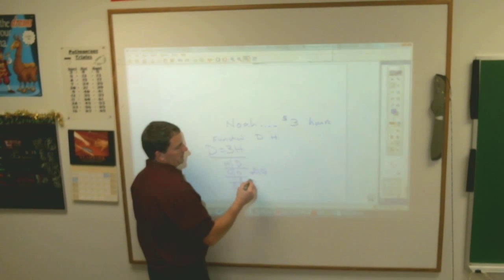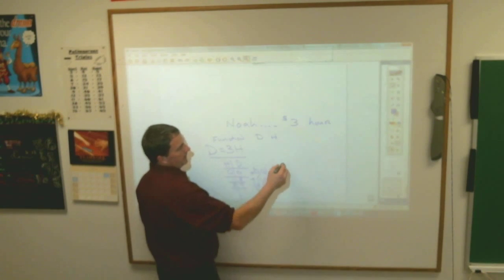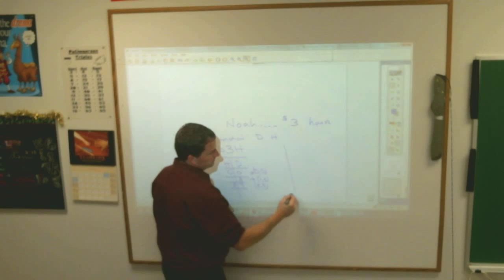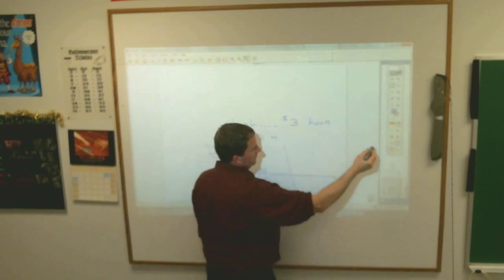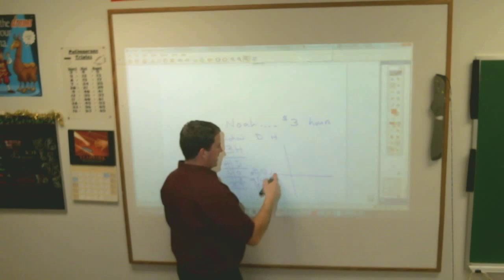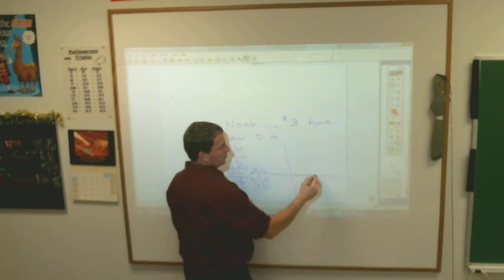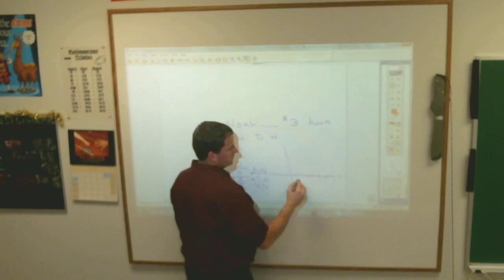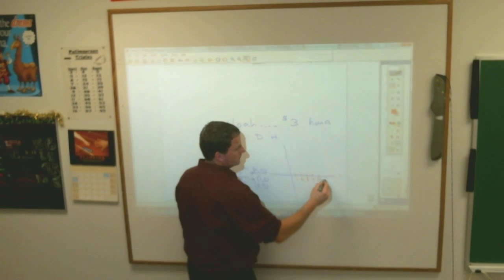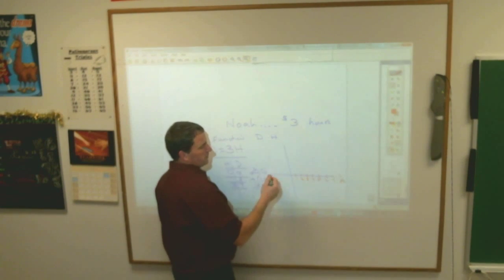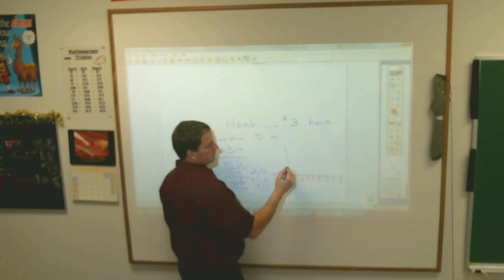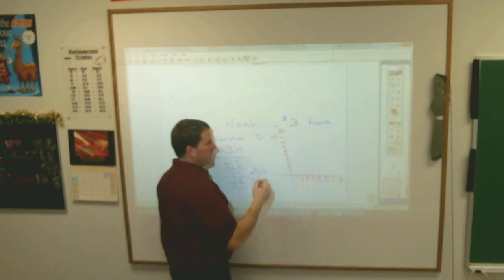See if you can make this connection here. If I take my coordinate system and I make this line right here my number of hours, 1, 2, 3, 4, 5, 6, 7, 8, and the up line is how much money he makes, dollars, 1, 2, 3, up to 11.